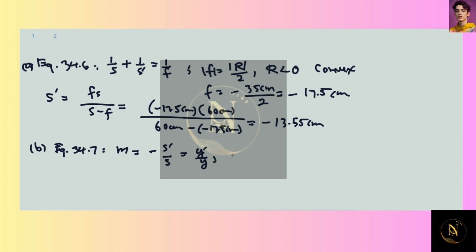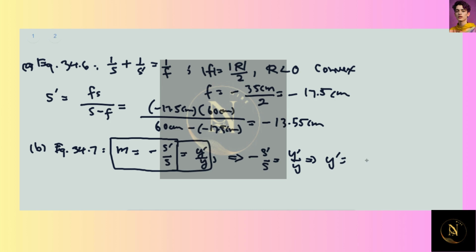So from here, let's first determine m using this part of the equation. Or rather, let's combine the two already and just get it over with and solve for y prime. So we have minus s prime over s is equal to y prime over y, which tells us that y prime is equal to minus s prime over s times y.